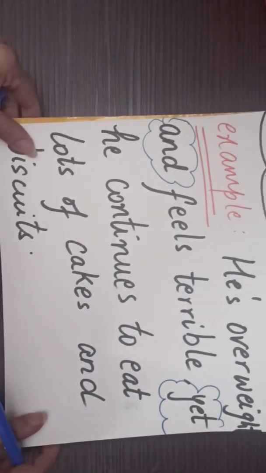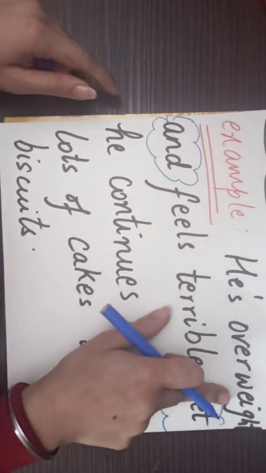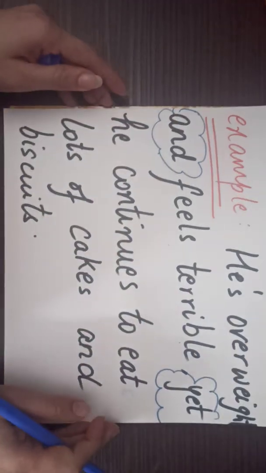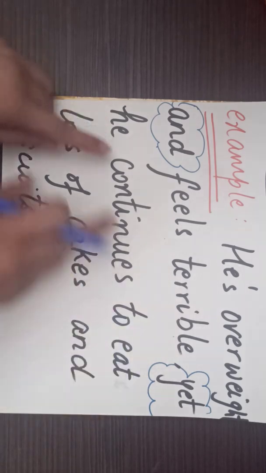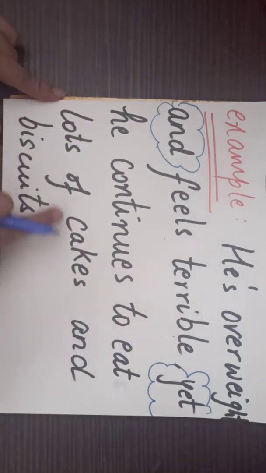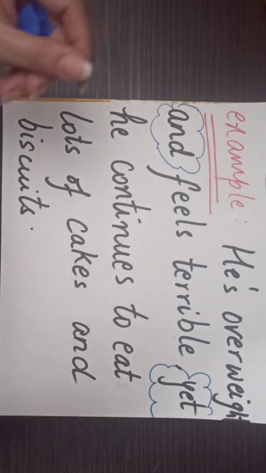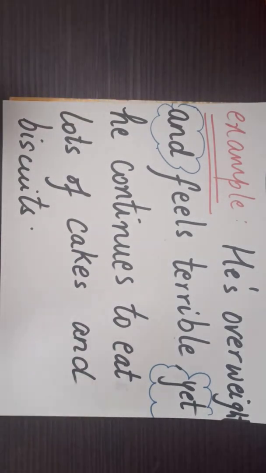And all these conjunctions give us contrast. So let's look at this example. He's overweight and feels terrible. Yet he continues to eat lots of cakes and biscuits.